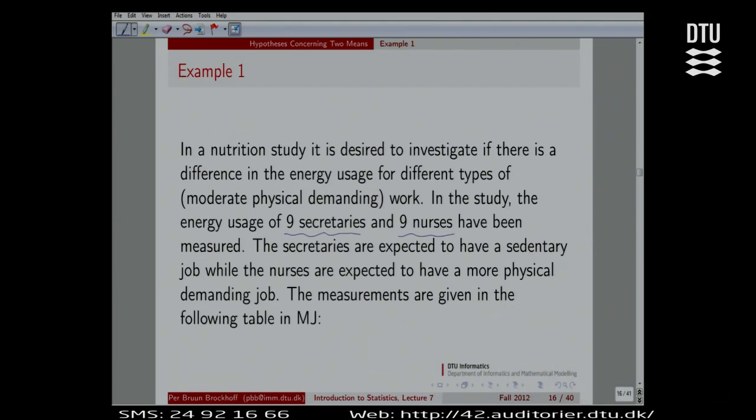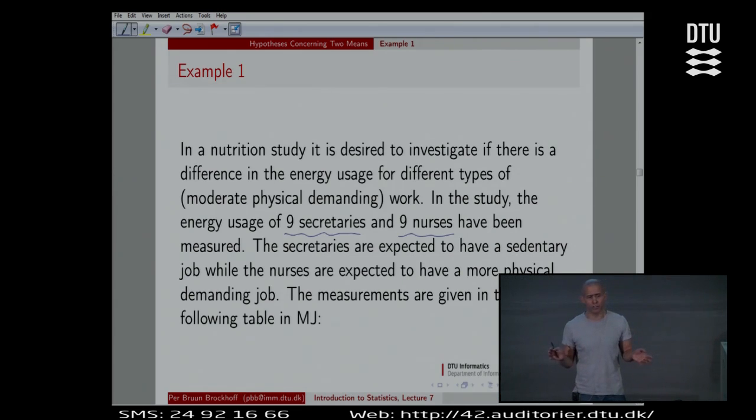If there is no information at all about anything, like if you didn't know anything about secretaries and nurses, if it was blah blah blahs and blee blee blees you were comparing, and you had no information whatsoever about what this was all about, the default is the two-sided.